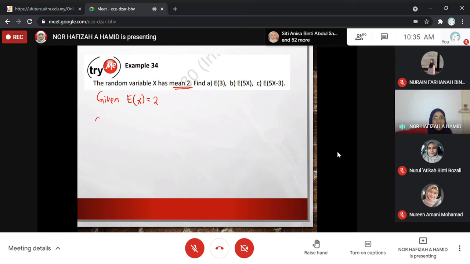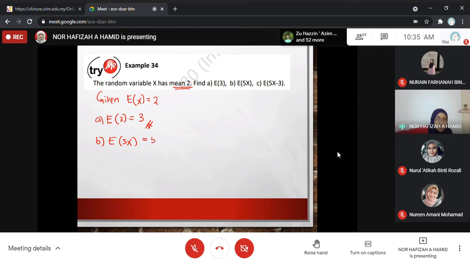For A we need to find E(3). If you refer back to rule number 1, E(3) is also equal to 3. And for B, we need to find E(5X). So I apply the rules.